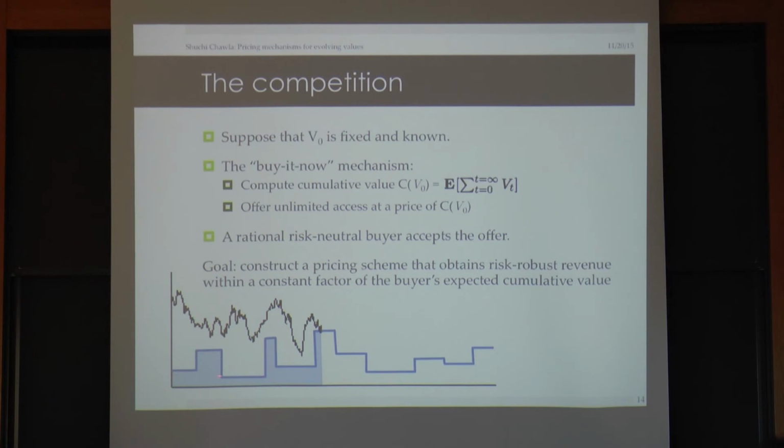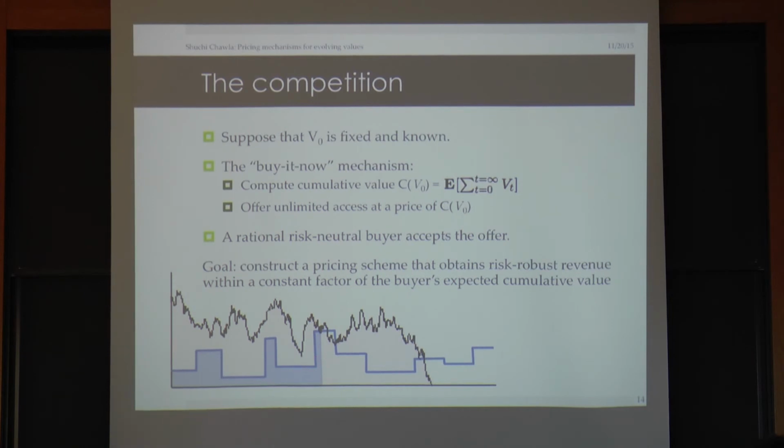So going back to our picture here, the blue area is what this pricing mechanism gets in a risk robust manner. And if we were to allow the buyer's value to keep evolving until it went down to 0, then this red area is potentially what a different mechanism might get from the same buyer. And we want to come up with a pricing where the blue is some constant fraction of the red.